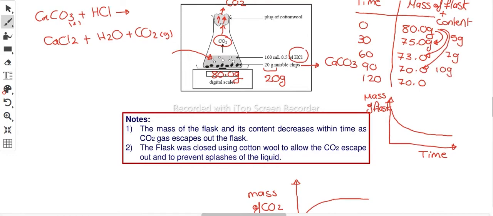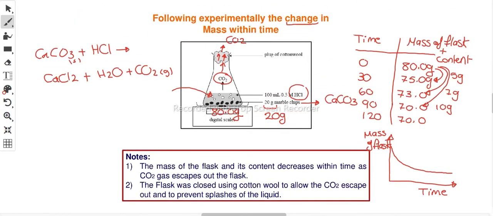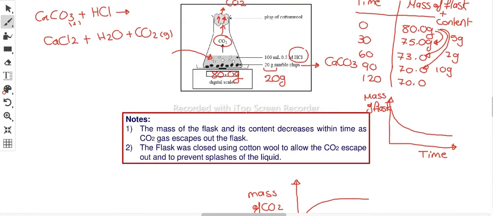So the mass of CO2 is actually increasing as a product per unit of time. I have here 2 small notes. The mass of the flask and its content decreases with time as the carbon dioxide gas escapes out of the flask. Now, why do we close the flask using cotton wool? This will allow the CO2 gas to escape, but it prevents splashing of the liquid.